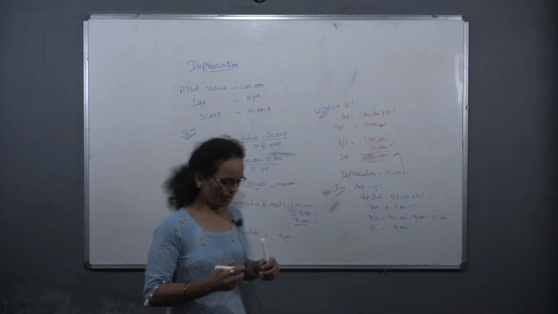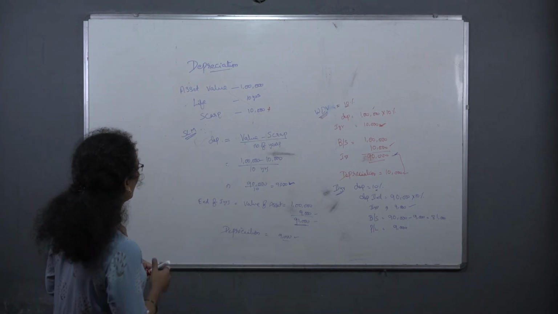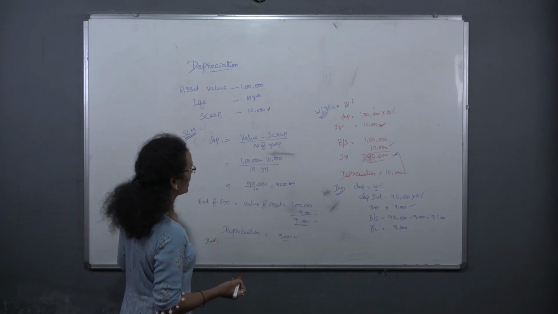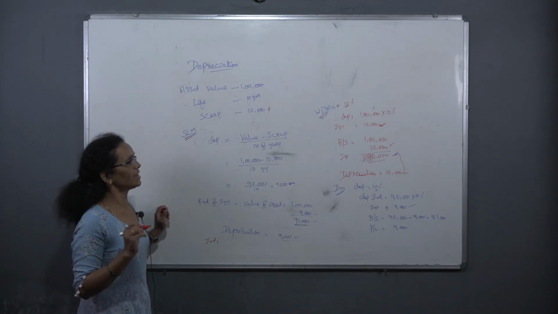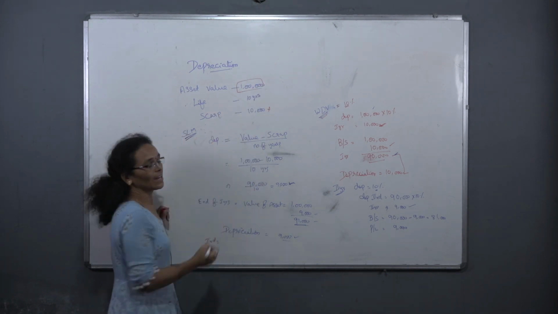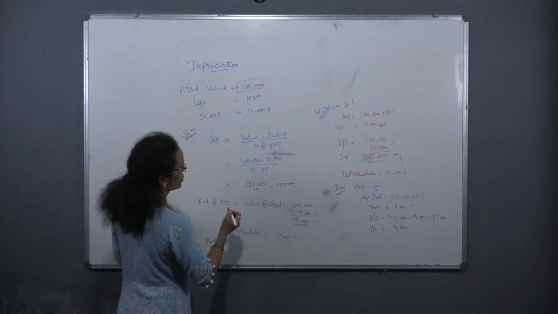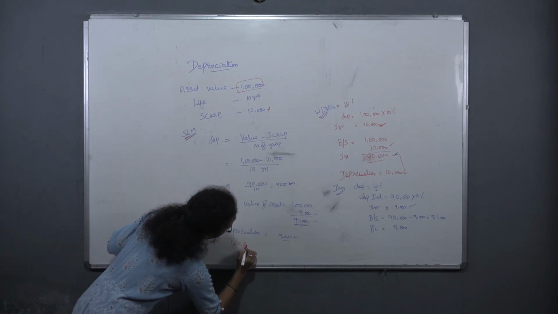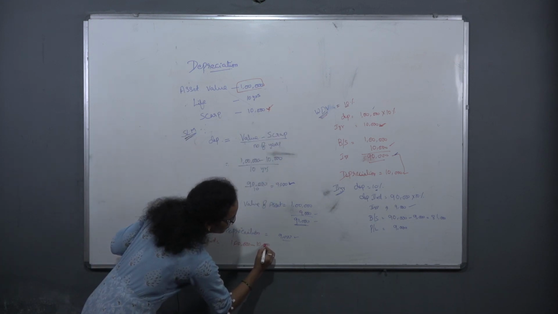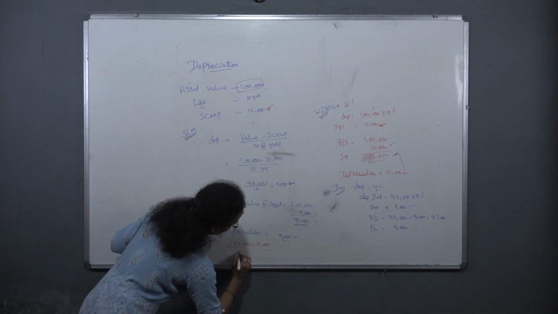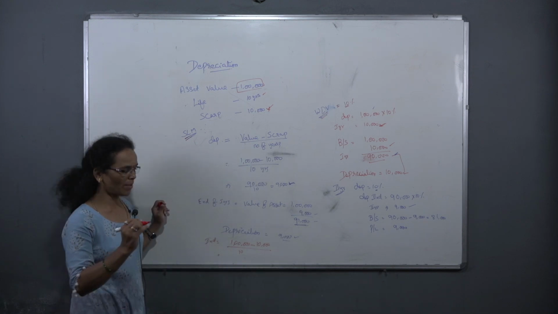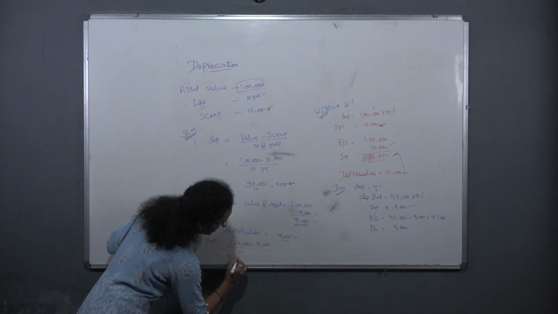Now coming to SLM for the second year depreciation: in the straight line method, the value of the asset remains 1 lakh rupees at which I purchased, minus the scrap value I am expecting at the end of the 10 years, divided by the 10 years I am expecting to use it. So in the second year also it will remain the same, 9,000 rupees.